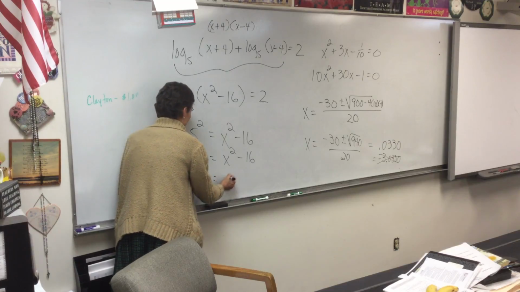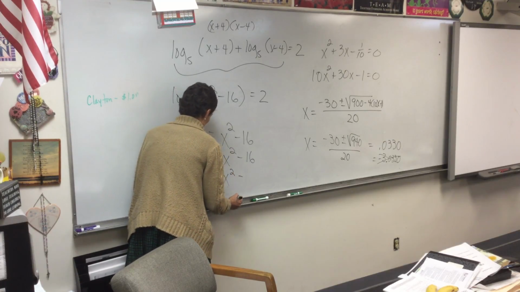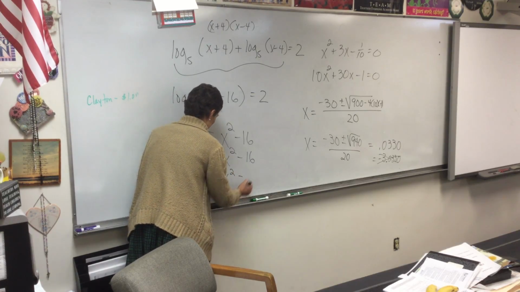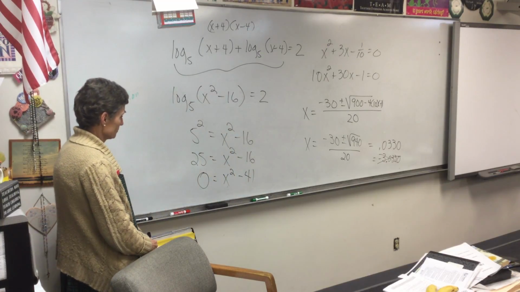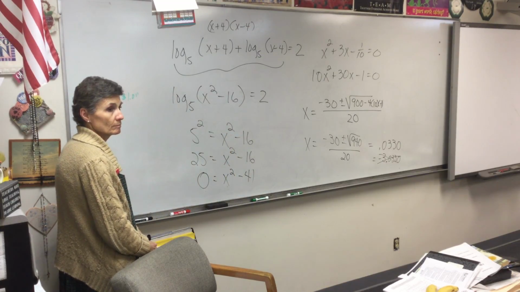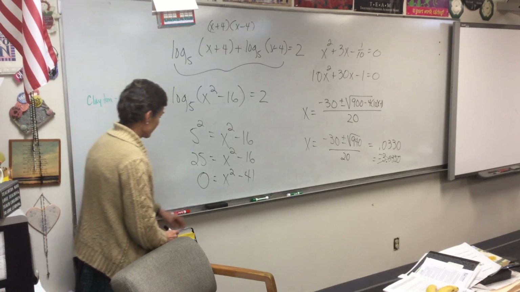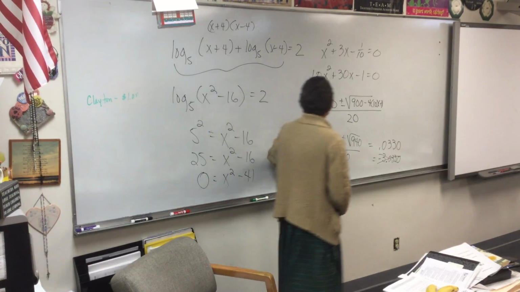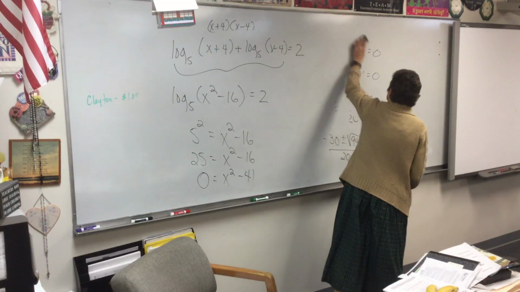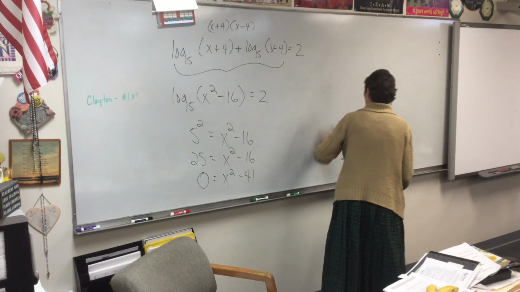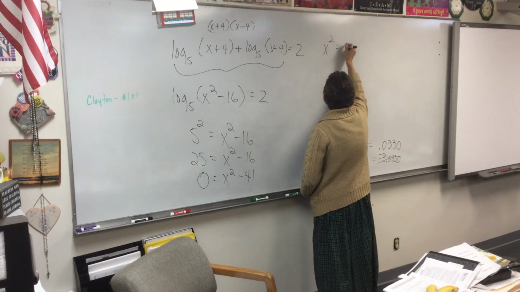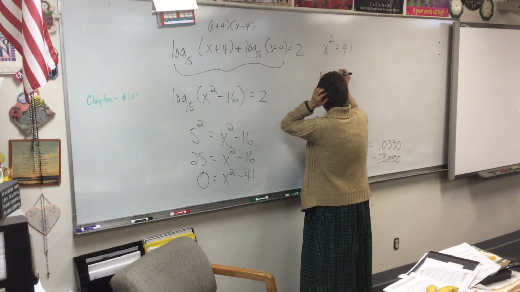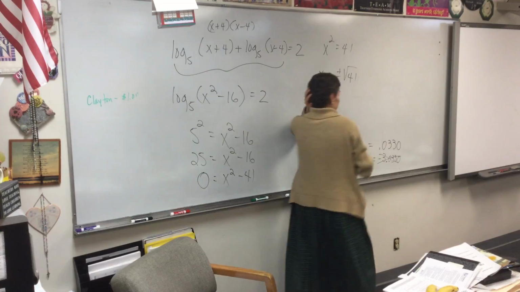Gotta get that 0. 41. That's not a very nice number, is it? Unfortunately, the world is full of not nice numbers. So I'm gonna say the answer is plus or minus root 41.